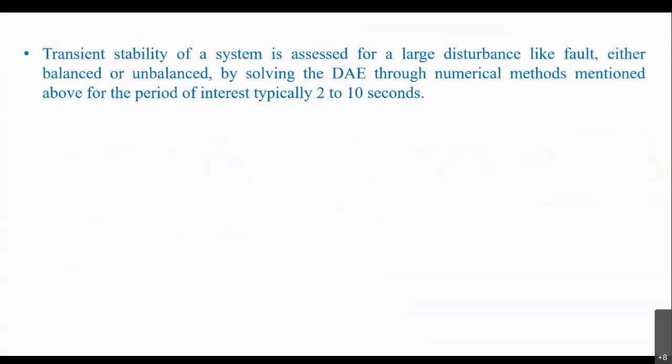When the transient stability of a system is assessed for a large disturbance like a fault, either balanced or unbalanced, by solving the differential algebraic equations through the numerical methods mentioned above, the period of interest is typically 2 to 10 seconds.